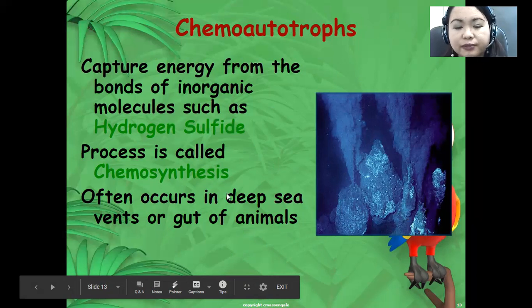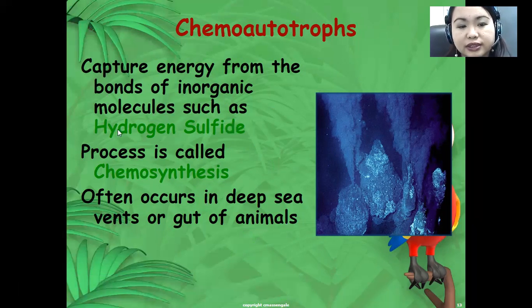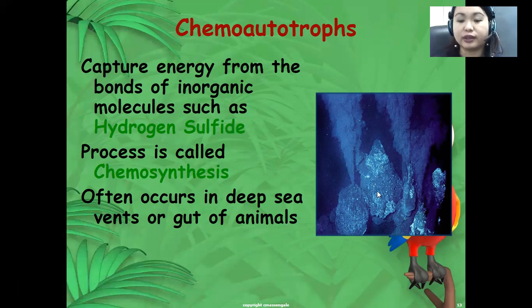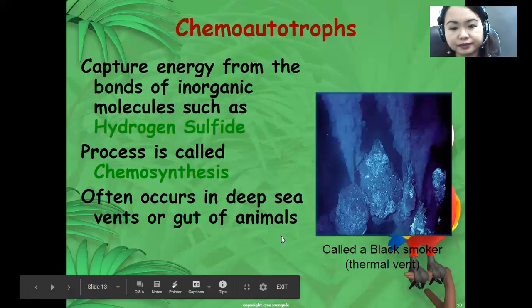An example of chemoautotrophs are the cyanobacteria, wherein they capture energy from inorganic molecules like hydrogen sulfide through chemosynthesis. If you have seen this in different videos or in real life, this is an example of chemosynthesis. These are called black smokers or thermal vents.